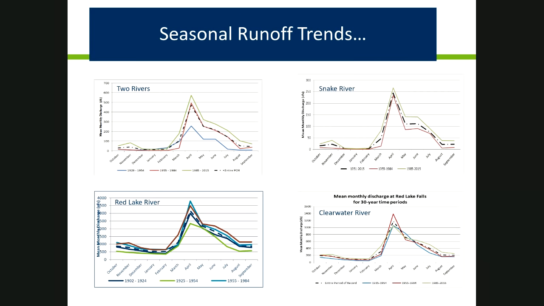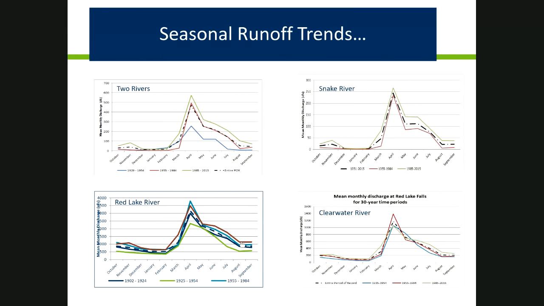And this is the seasonal runoff at some gauges. Low flows throughout the early part of the year in the winter, peaking in April generally, or May, and then declining throughout the rest of the year with a slight uptick or leveling off in late summer.